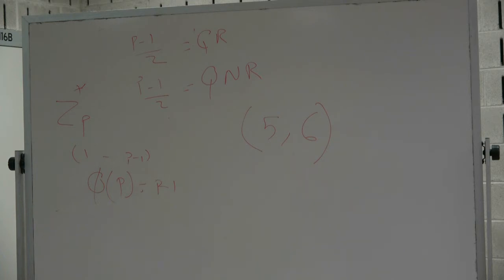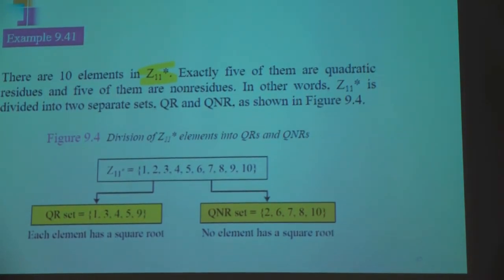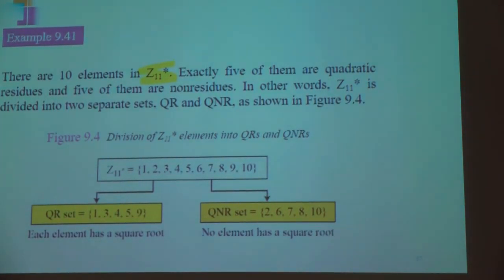Let's take an example. If you take this example, there are 10 elements in the multiplicative Z11. Exactly 5 of them are quadratic residues and 5 of them are non-residues.